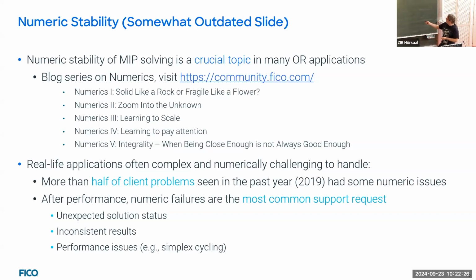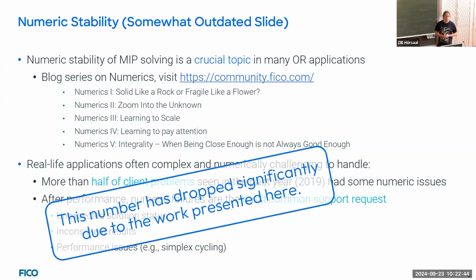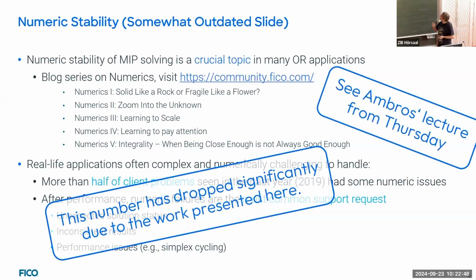I mean, maybe not in all of these cases they contacted us specifically for this, but about half of the client problems, we could see how to improve the numerics, or they had genuine numeric issues. So this number has dropped significantly since then due to the work that I will present now.